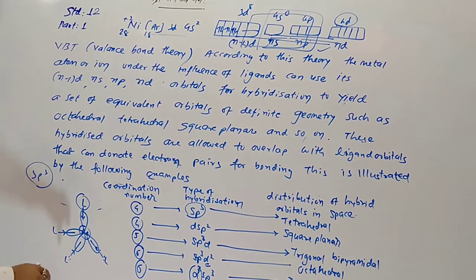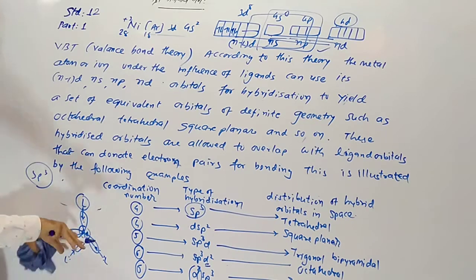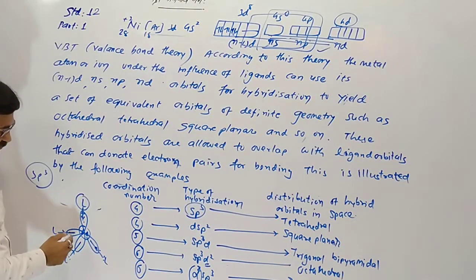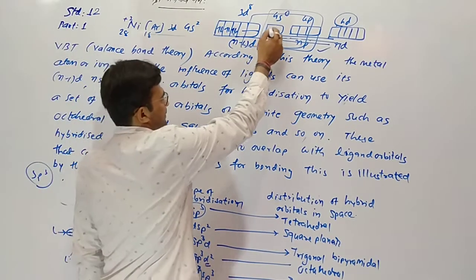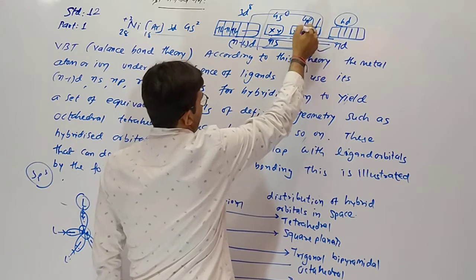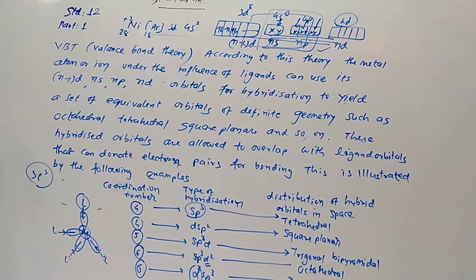You can see sp3 hybridized orbitals have tetrahedral shape, and they gain an electron pair from the ligand and combine with the ligand by a coordinate covalent bond.